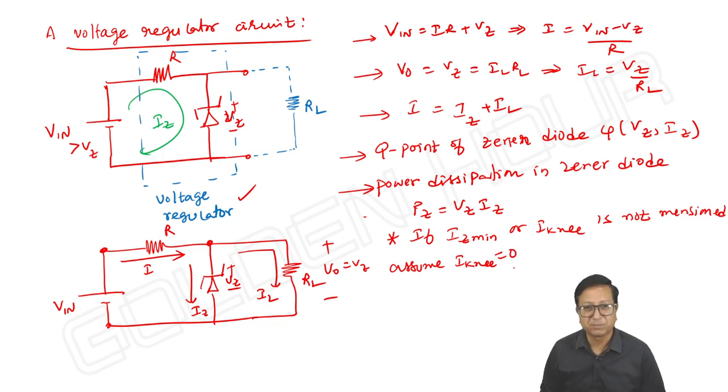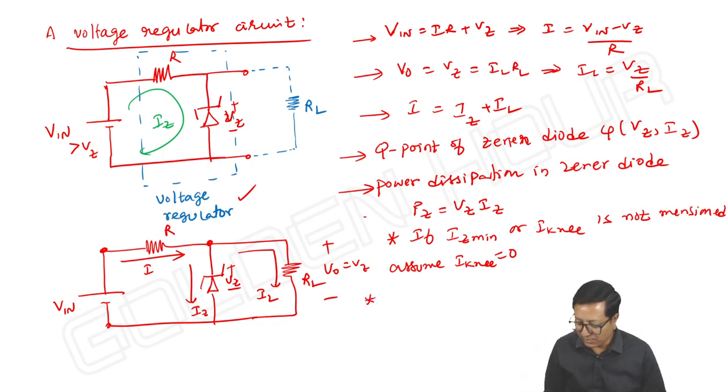Please do remember. We have not yet discussed anything about RL, we will see that. If RL is not given, then assume RL maximum is equal to infinity. RL minimum you can't take as 0, but RL maximum can be assumed as infinite.